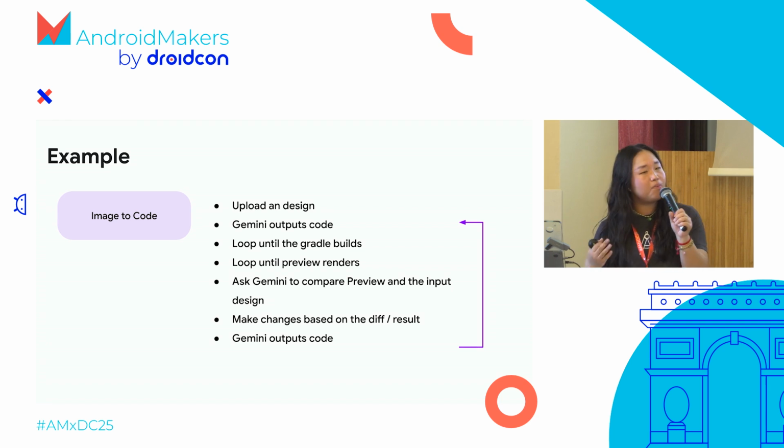After Gradle builds, sometimes the preview won't render, so we say, please loop back until it renders. Then we ask Gemini to compare that rendering with the input design and make changes based on the diff and result, make sure it's as close as possible, and loop back until it does.